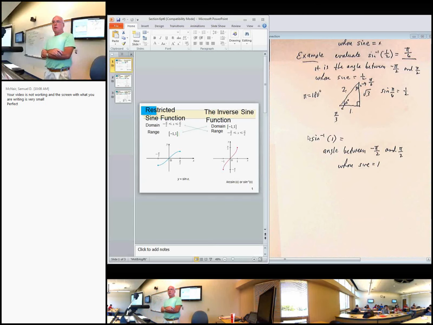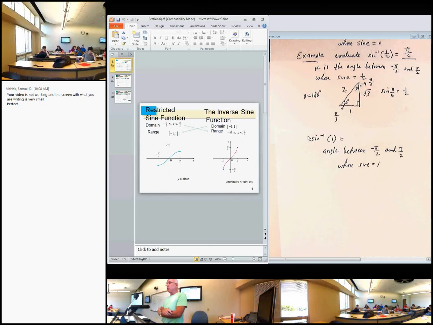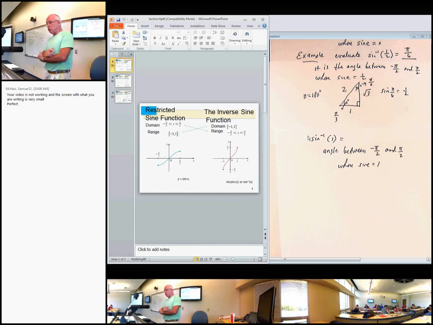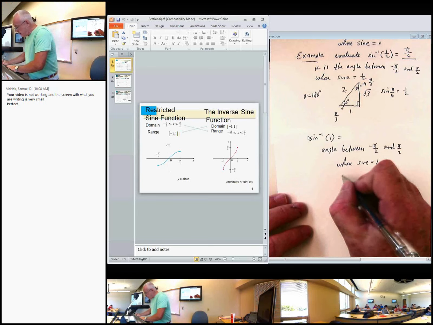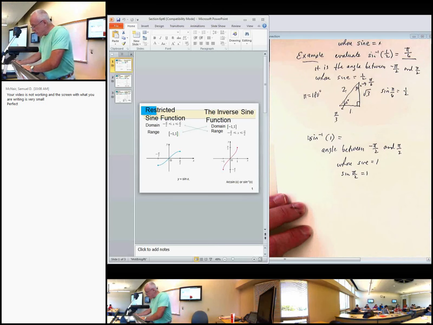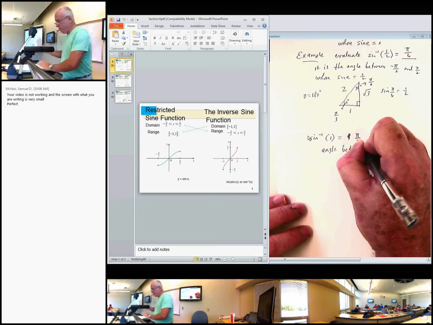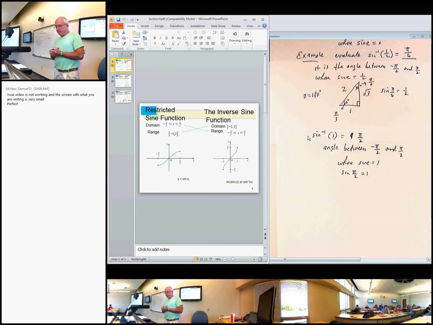So what angle between those two values has the sine equal to 1? Pi over 2, 90 degrees. Sine of pi over 2 is equal to 1. So that's my answer, right? I'm sorry, my answer is not 1, it's pi over 2. And that's the angle.